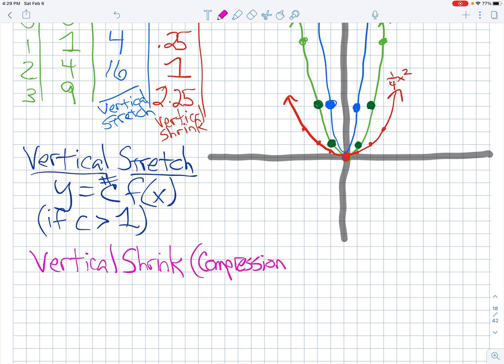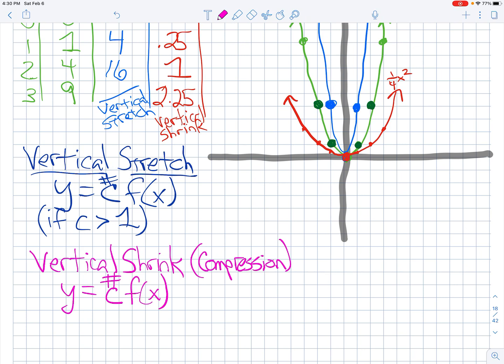And now a vertical shrink, also known as a compression, will occur when you have a number multiplied by the function.